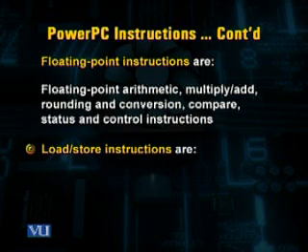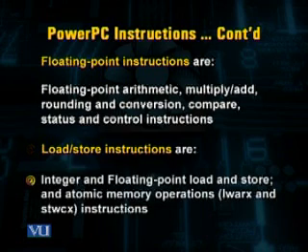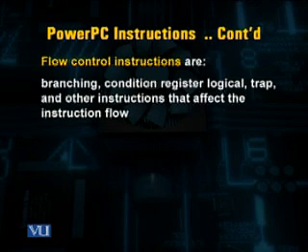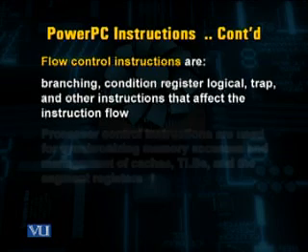Whereas the load store instructions include integer and floating point load and store. It also includes the atomic memory operations. The flow control instructions contain branching, condition register logical and trap, and the other instructions that affect the instruction flow.